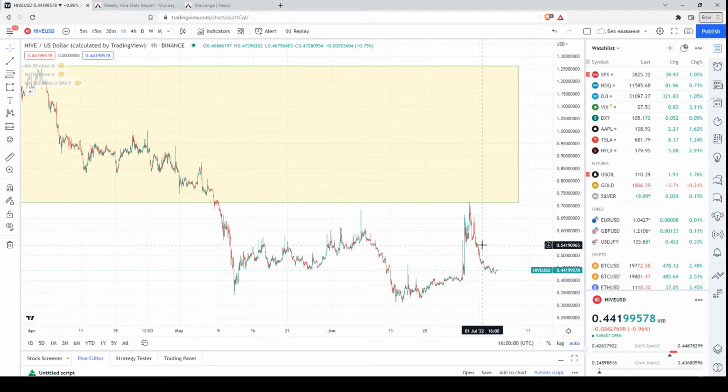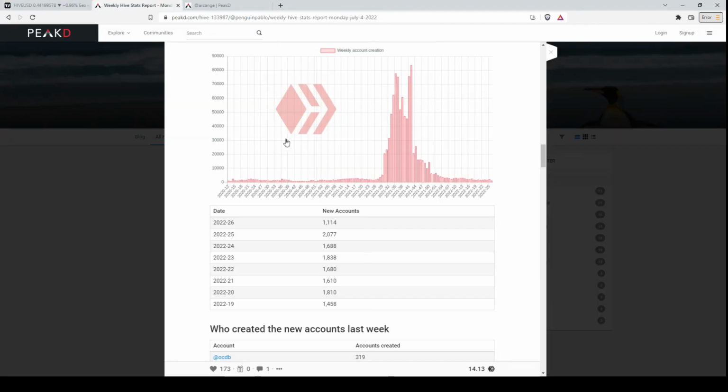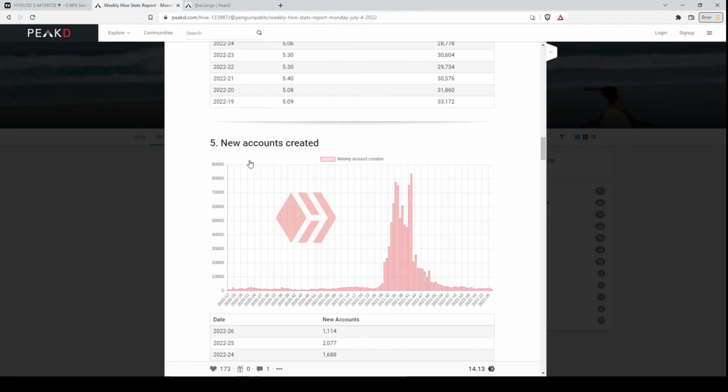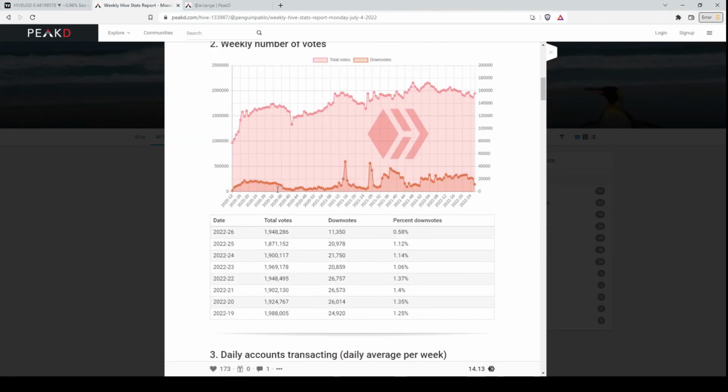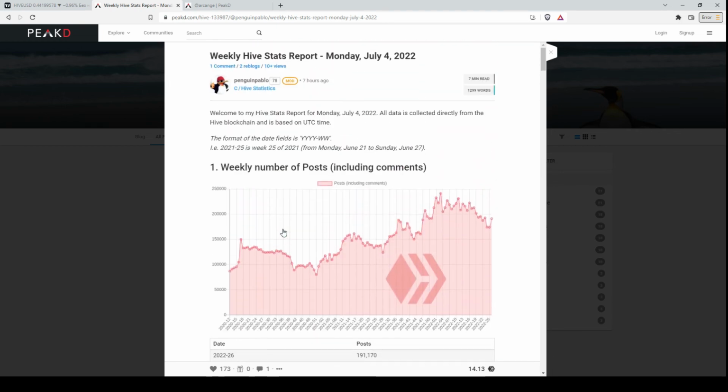In my view, to see some solid or stable price increase, we need to see the number of active users increasing, the number of new accounts increasing. Unfortunately, at the moment, these two components are missing.